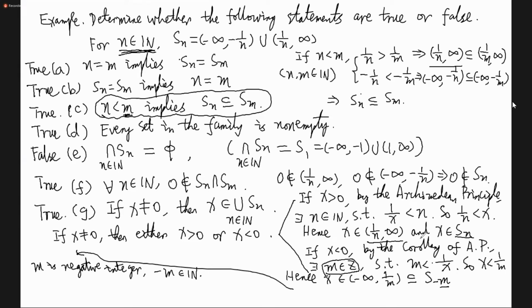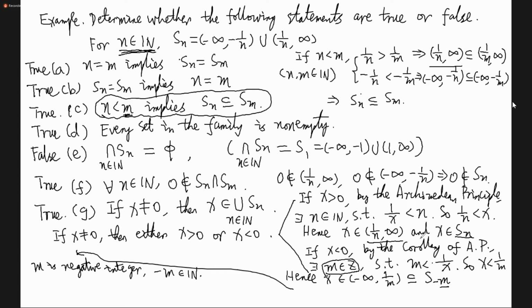Okay, so in either case, x either positive or negative, you can always get a subscript n or negative m so that x belongs to the set S_n or S_negative m. So essentially this tells you x is in the union of S_n.